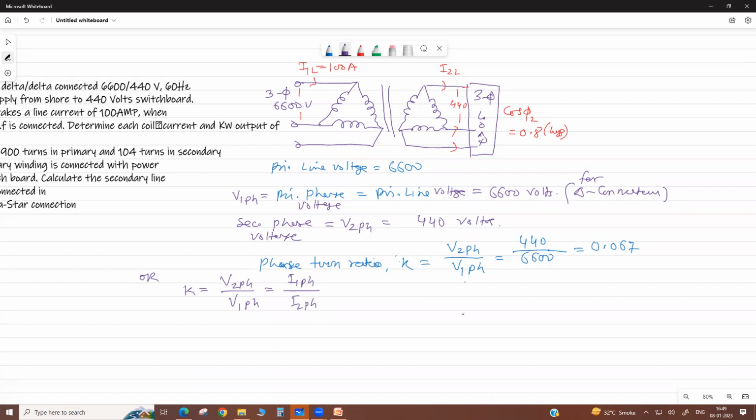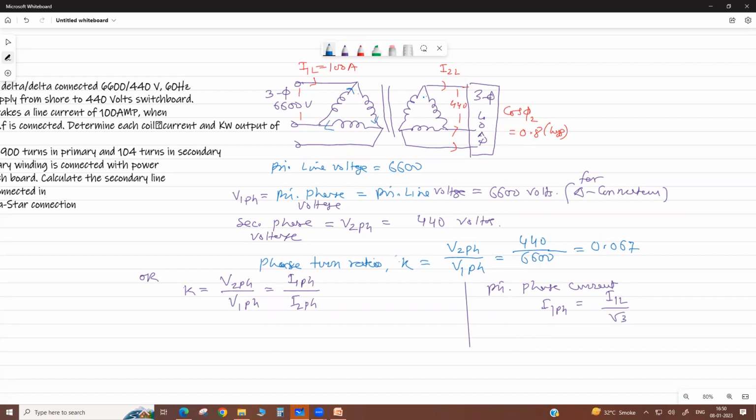So here you also write the primary phase current, that is I1 phase. It is I line by √3, because in delta, if you calculate the current here, this is the phase current.